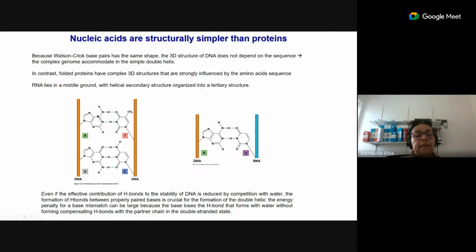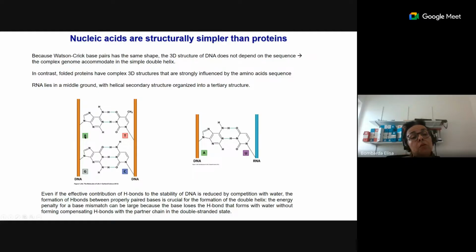And then these hydrogen bonds, the so-called Watson and Crick base pairing, are extremely important for structural purposes and also stability.